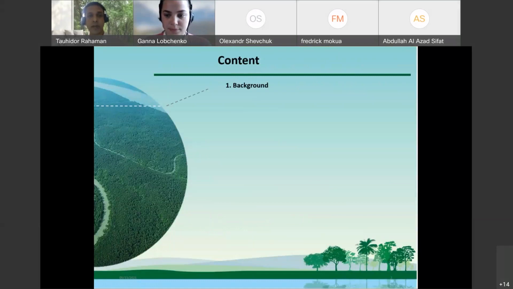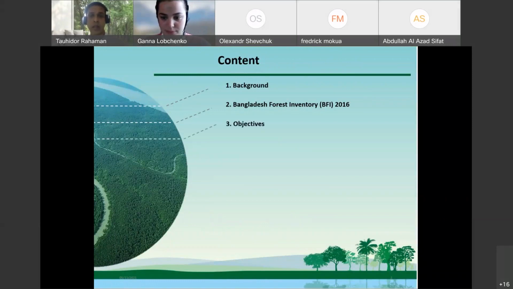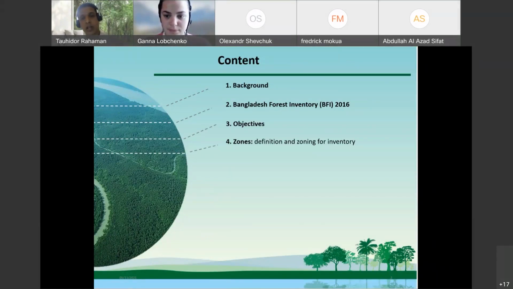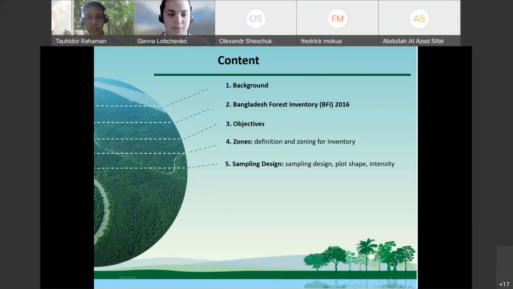So this is today's presentation outline. We have a background of the National Forest Inventory. Later on, we'll talk about the National Forest Inventory 2016 and the objective of the forest inventory. We have 5 zones across the country, so we'll discuss the zoning, the sampling design, plot shape, and sampling intensity.